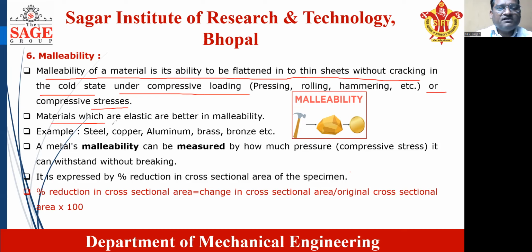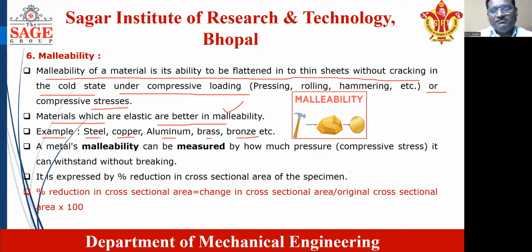The materials which are elastic are better in malleability. For examples, steel, copper, aluminum, brass, bronze all are malleable materials.